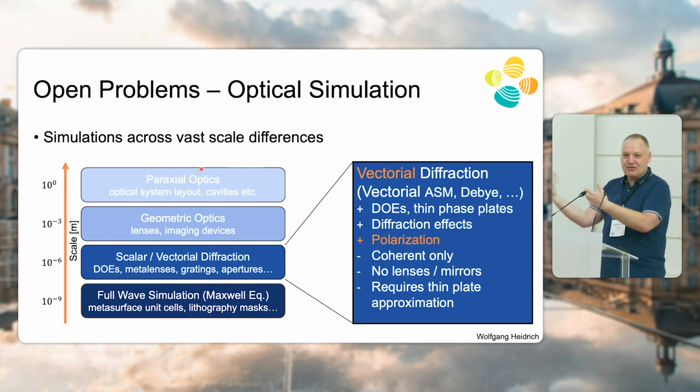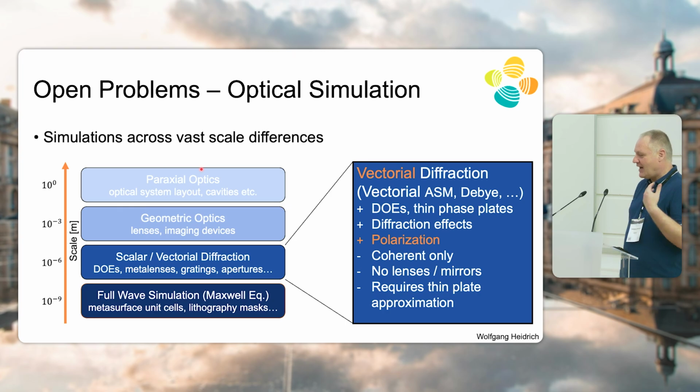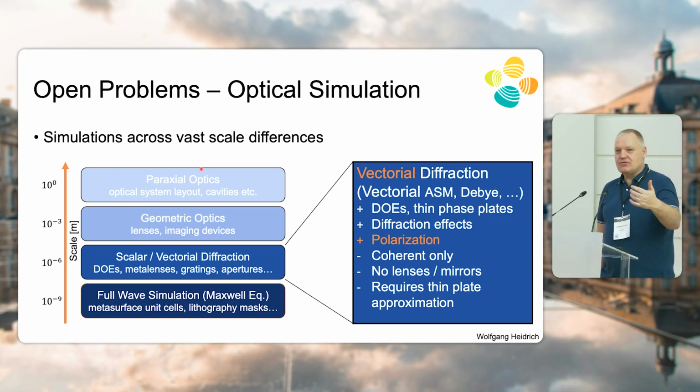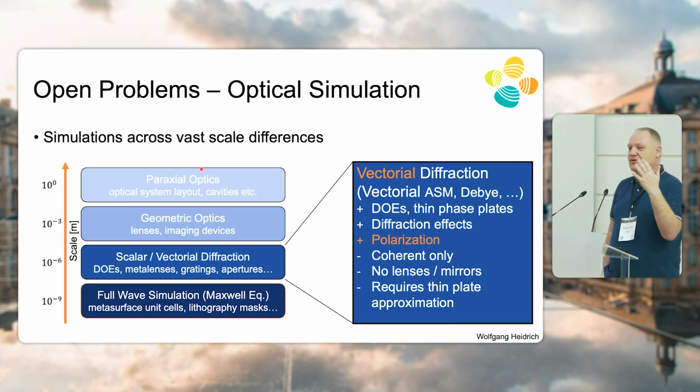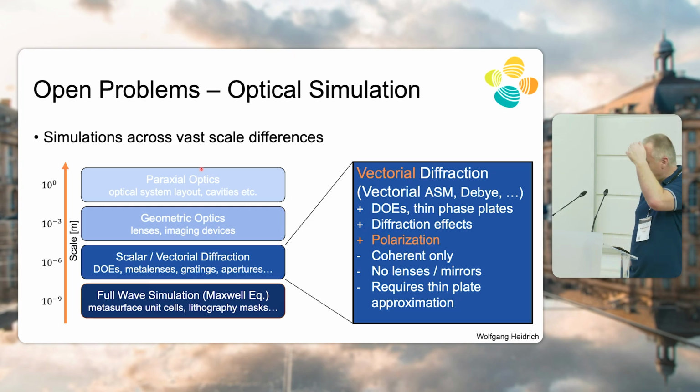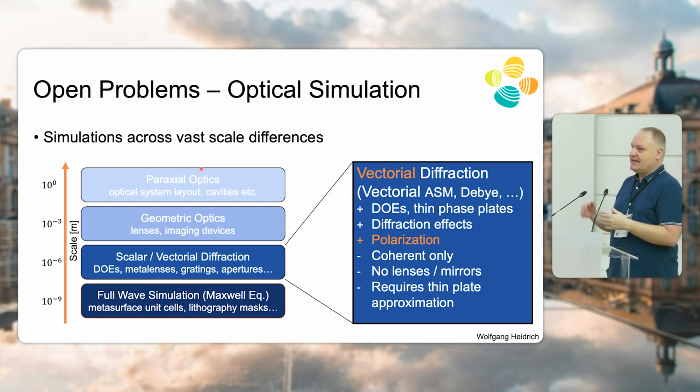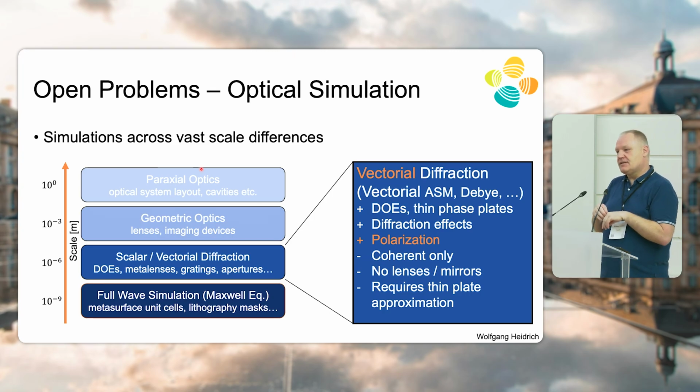So one of the things that we really need to get to is basically how can you actually accurately propagate waves, incoherent light, through DOEs, for example, right? That's actually a big problem, and it's different from the diffraction models developed in computer graphics, right? Because precision really matters here.